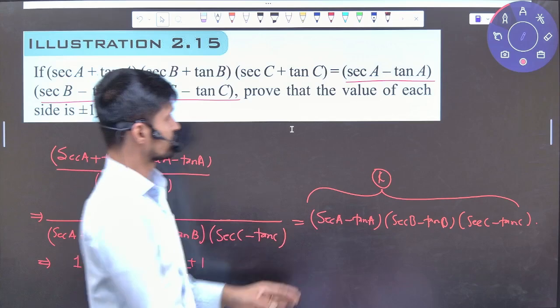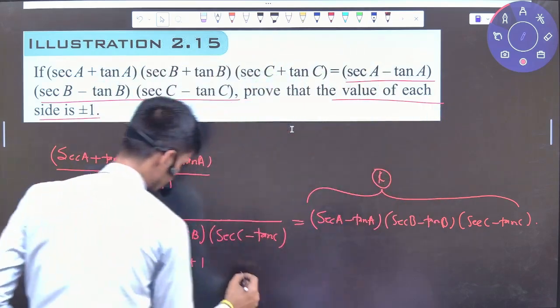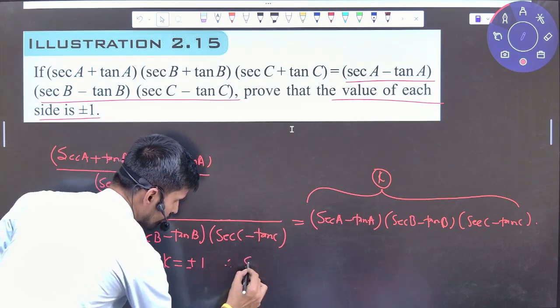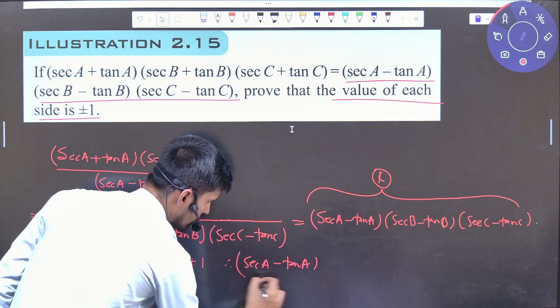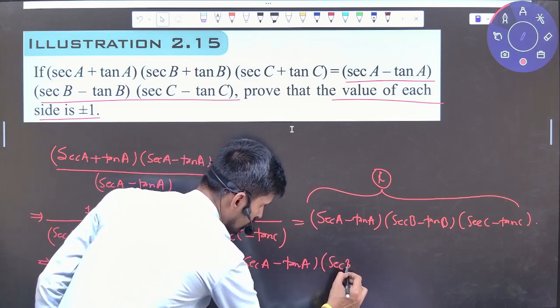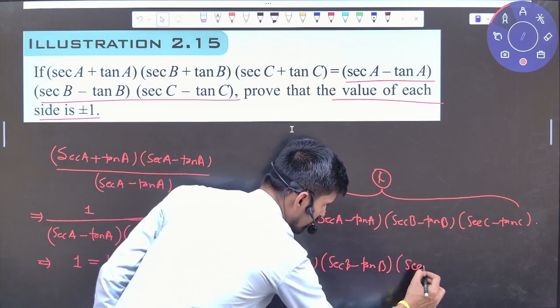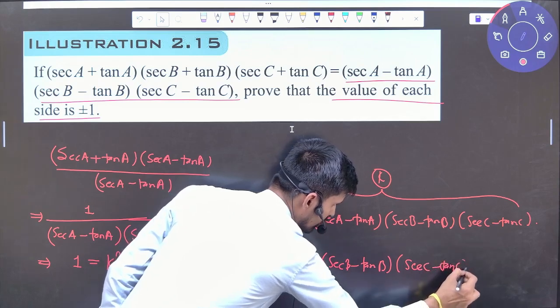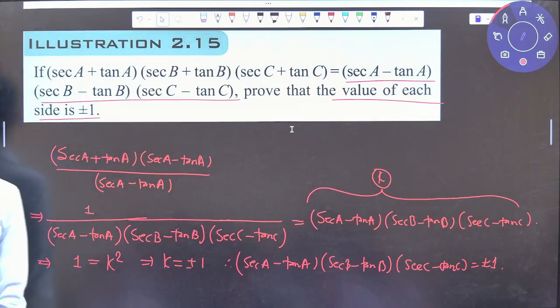Therefore, the value of each side is plus minus 1. Write down. Is equal to plus minus 1.